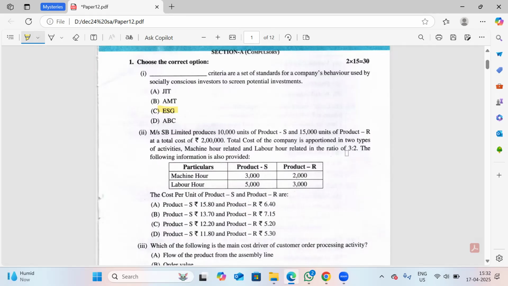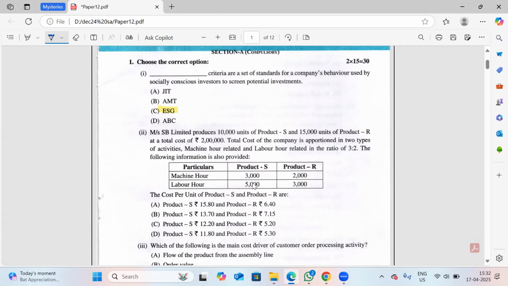Based on this ratio, we can segregate machine hour and labor hour related costs. So my machine related overheads will be 2 lakhs into 3 by 5, and my labor related overheads will be 2 lakhs into 2 by 5.